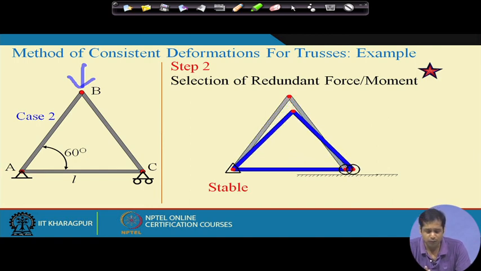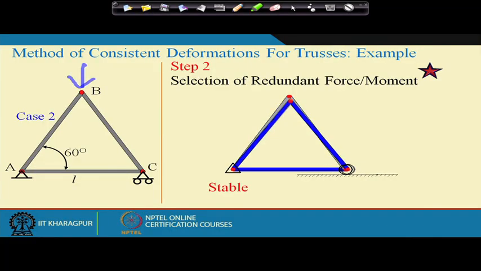There are two ways. One is you take any configuration and write the equations, and then you find that the structure is not stable. But instead of finding that through that exercise, it is always better to develop an engineering sense, so that just by looking at the structure, the force and the configuration of the supports, you can identify which configuration will be stable.